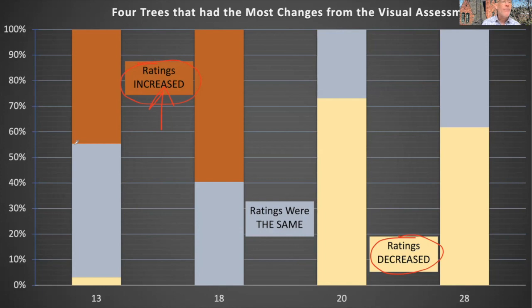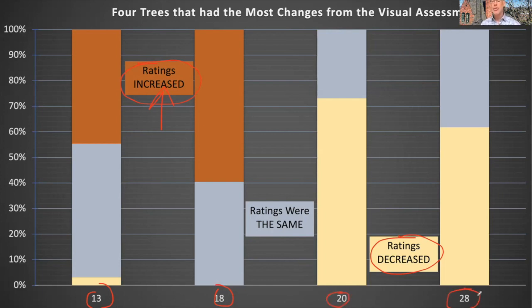So 45% of people for tree 13 increased the ratings, and 60% of people increased the ratings for tree 20. So for those 2 trees, what this indicates is that the visual assessment was not sufficient. The visual assessment didn't give people enough information to come up with an accurate assessment.